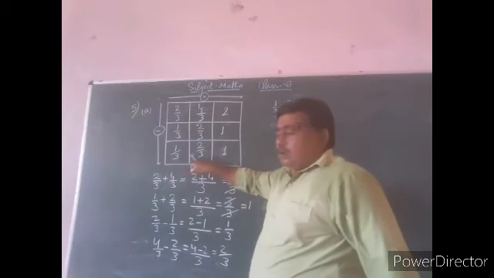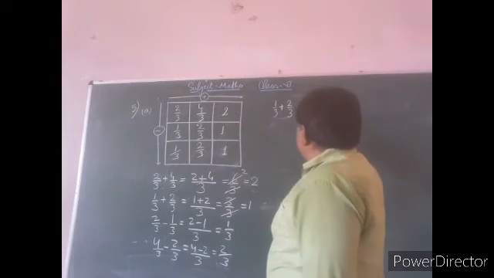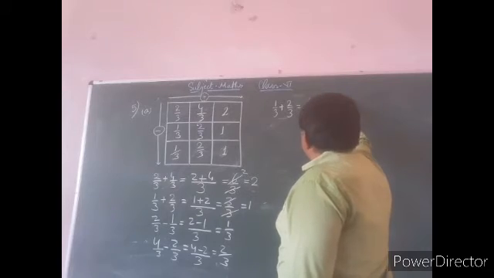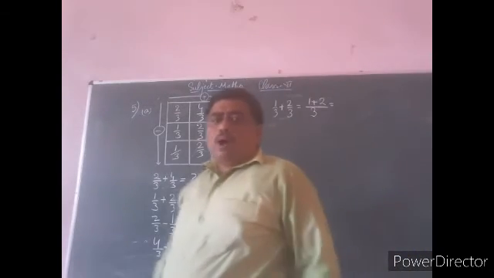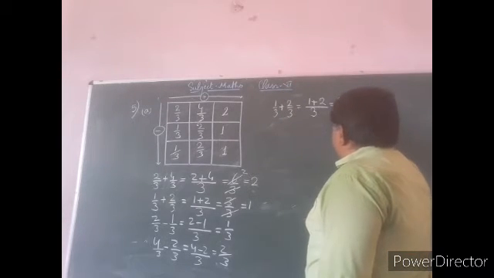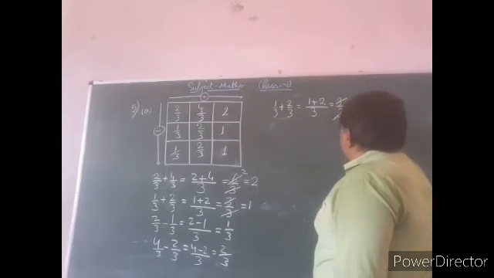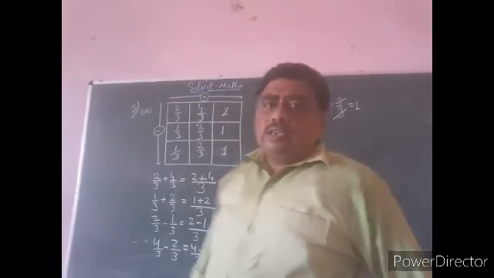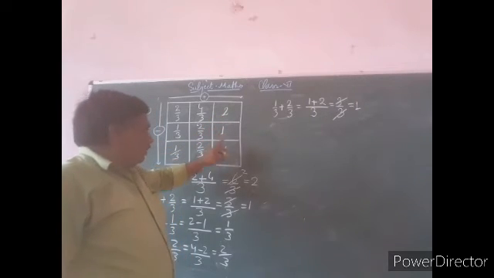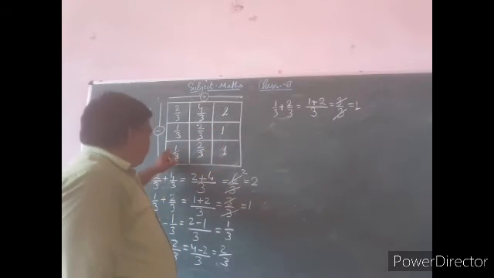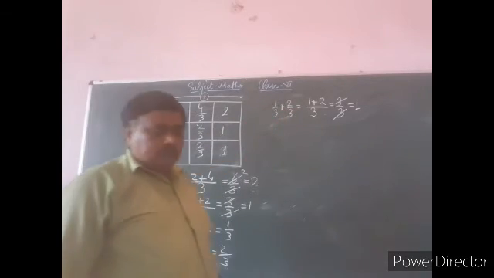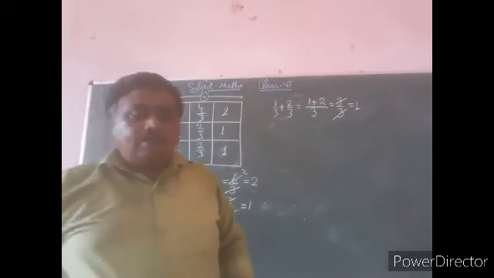Take the LCM, 3. So in the numerator 1 plus 2, 3 upon 3. Standard form, it will be 3 divided by 3 equal to 1. So 2 minus 1, 1. 1 upon 3 plus 2 upon 3, it is also 1. So here 1 will come.